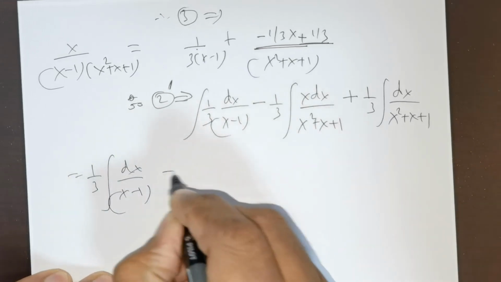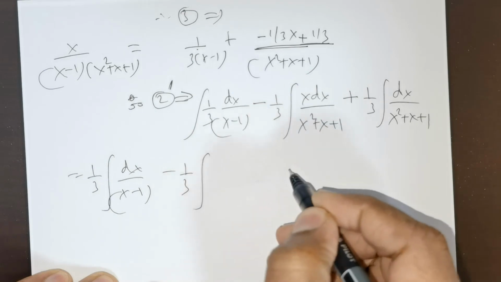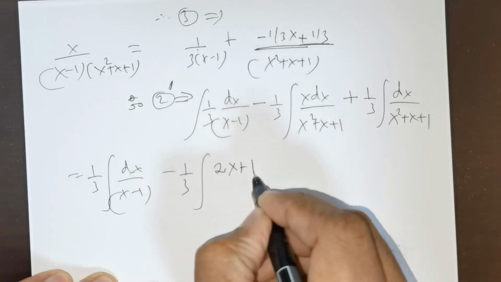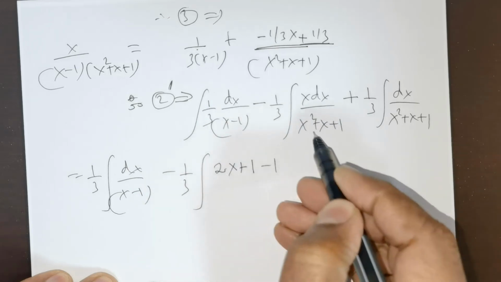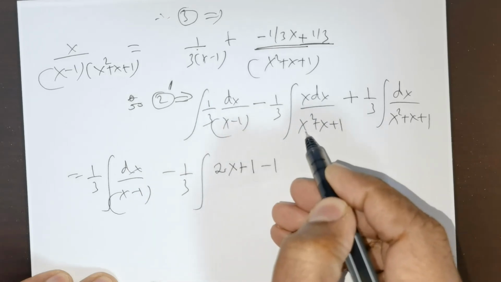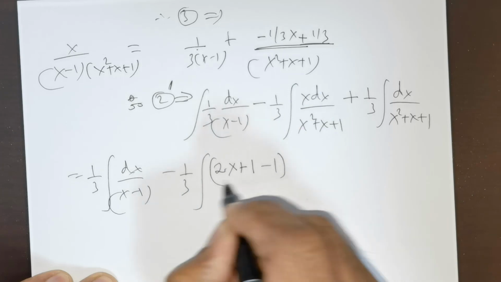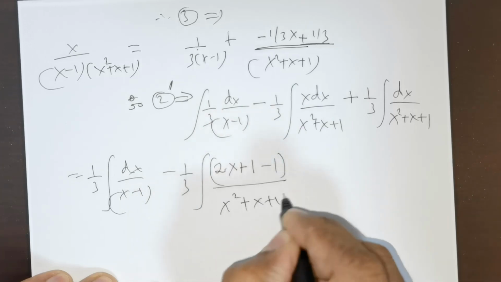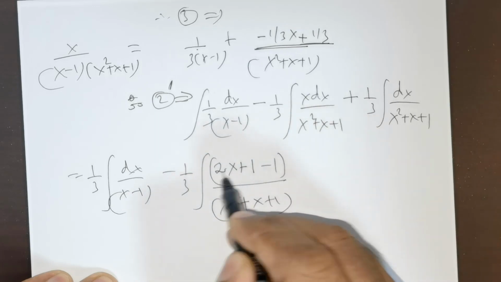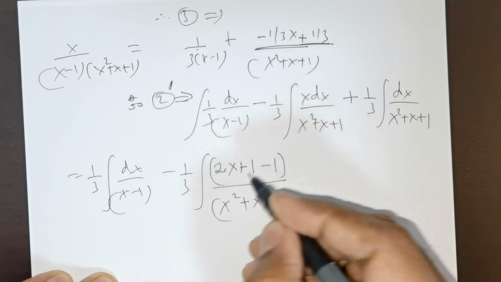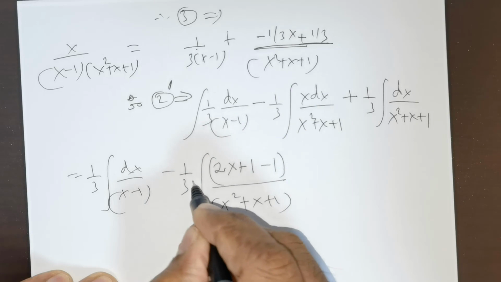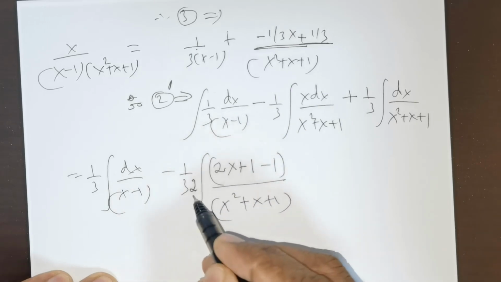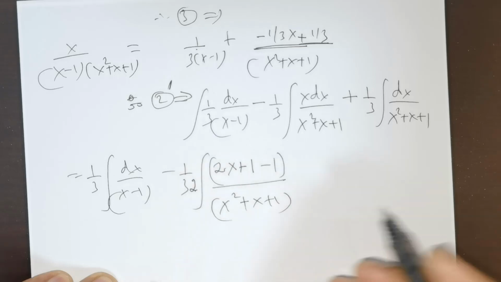x minus 1. Now for this, what I wish to do is multiply by 2 and add a 1 and subtract 1, because when I differentiate x squared plus x plus 1, I will get 2x plus 1. So to counter that, I am writing the numerator in this fashion, divided by x squared plus x plus 1. But since I multiplied by 2 and these two terms add up to 0, all I need to do is counter that with a product multiple of the denominator with 2.